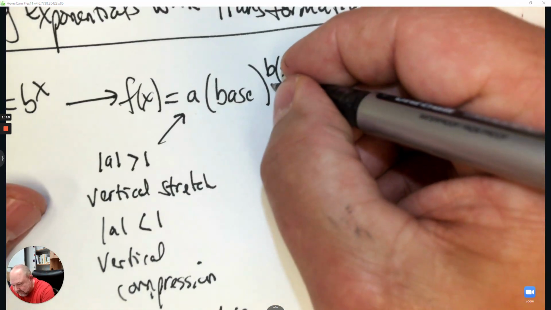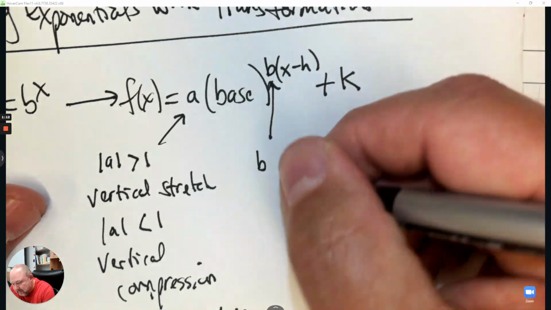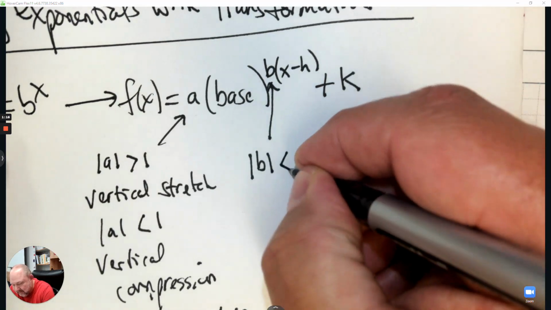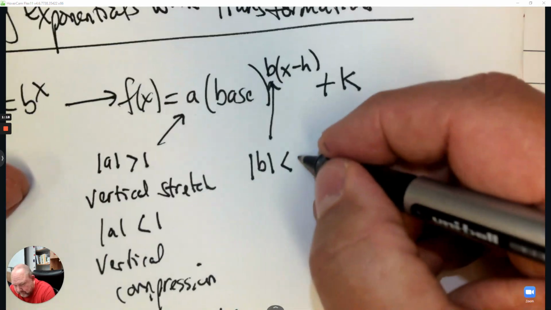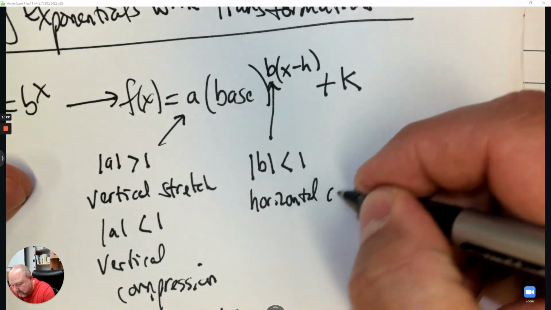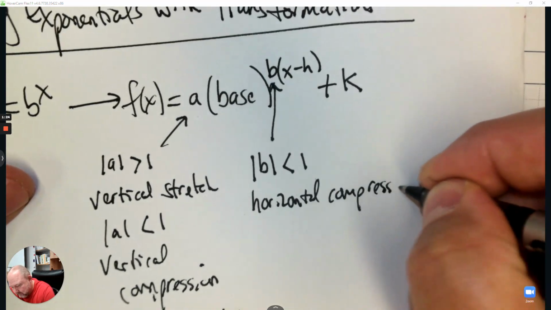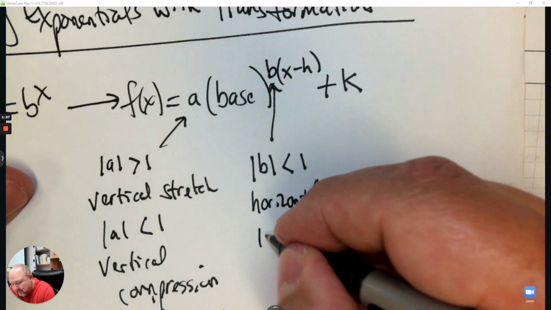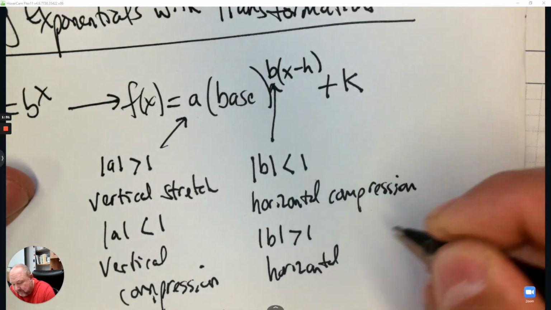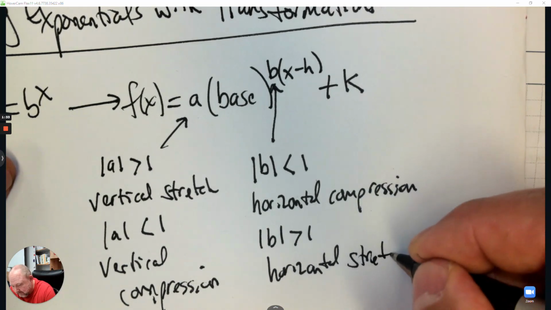The b, if the absolute value of b is less than 1, it creates a horizontal compression. If that absolute value is greater than 1, it creates a horizontal stretch. It's the opposite of what you think in the exponent.